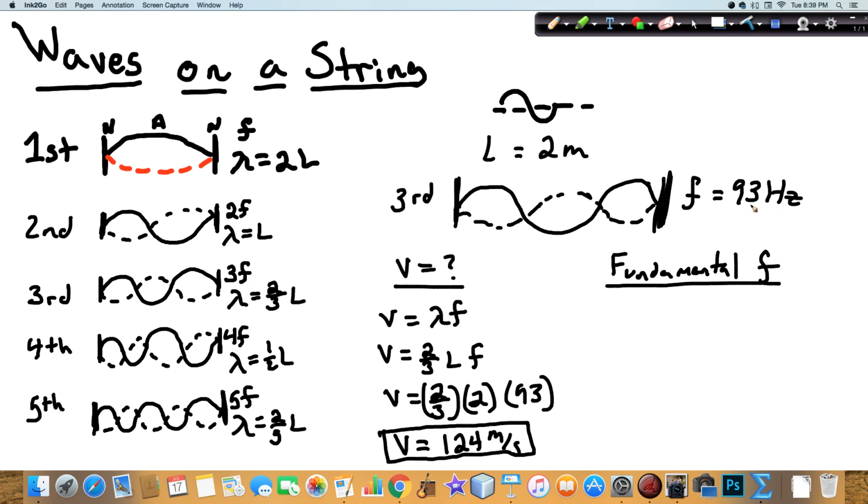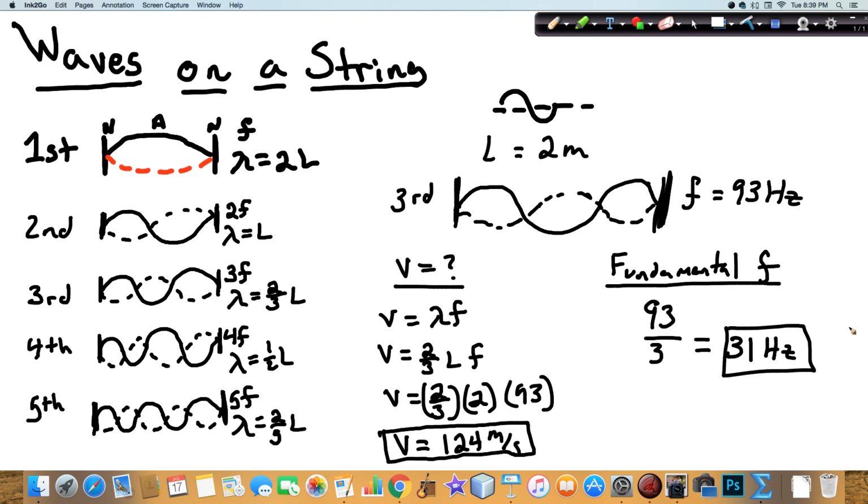So the fundamental frequency should be 1/3 of this. So the fundamental frequency should just simply be 93 divided by 3 because it's going to be 1/3 of the third harmonic. And whenever you do that, you find out that you have 31 hertz as your fundamental frequency for this string.